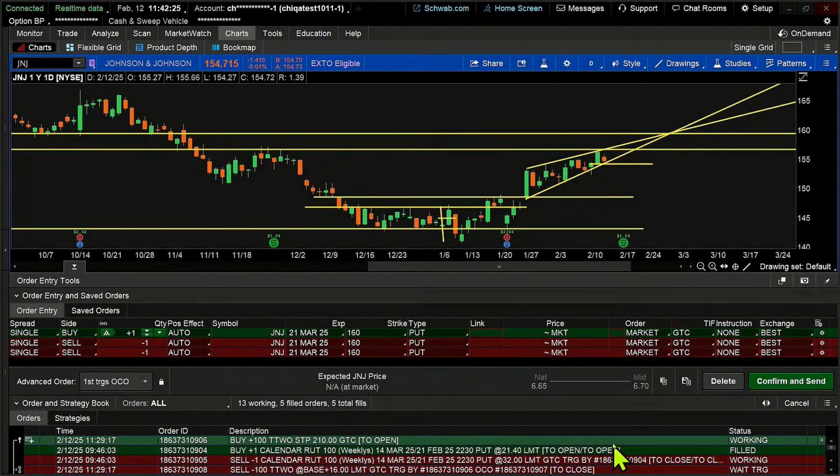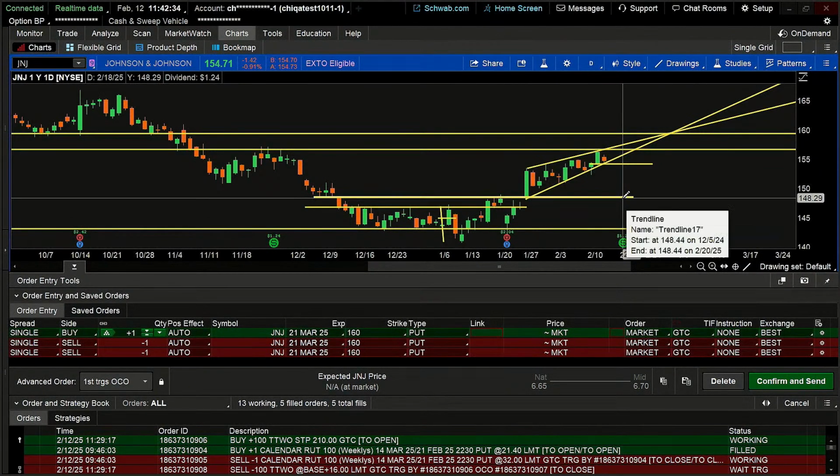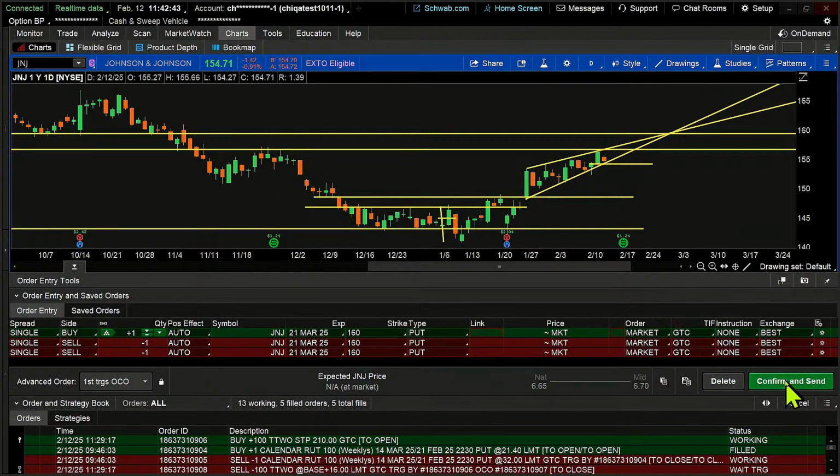So here's what our order does: gets us into the trade if price goes down, gets us out of the trade if price goes up, gets us out of the trade if price goes down to our target. And we did that with a set of conditional orders in this OCO bracket order.